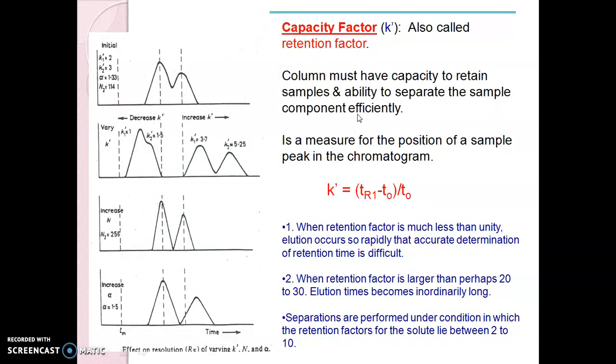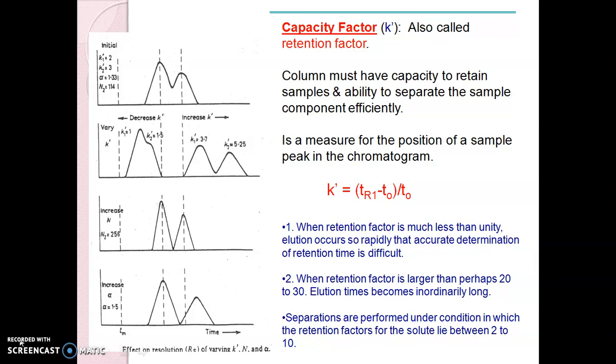Then the capacity factor, also called the partition ratio or retention factor, is the relation of the time spent by a compound in the stationary phase to the time it spends in the mobile phase. The column must have the capacity to retain samples and the ability to separate them.